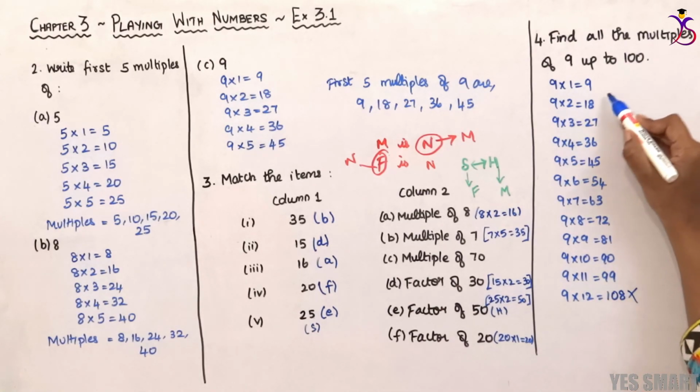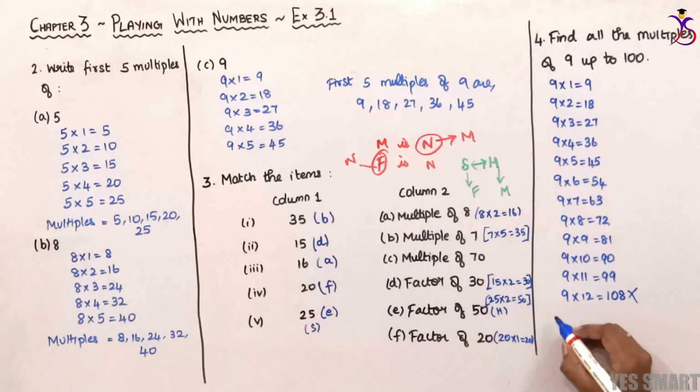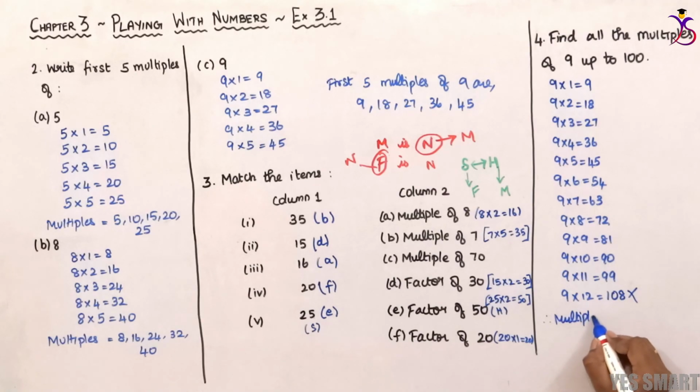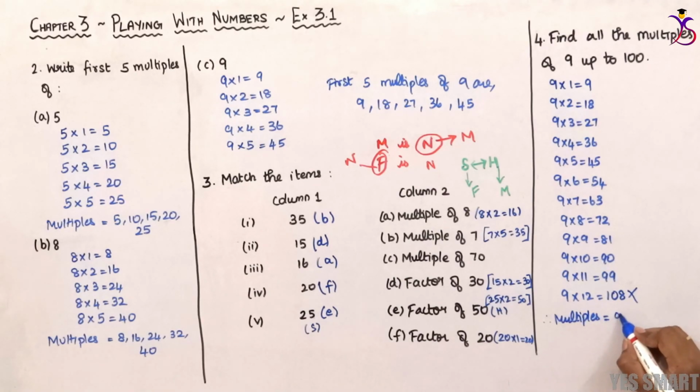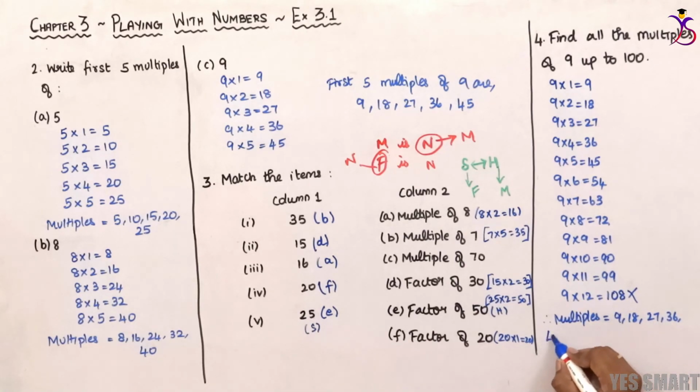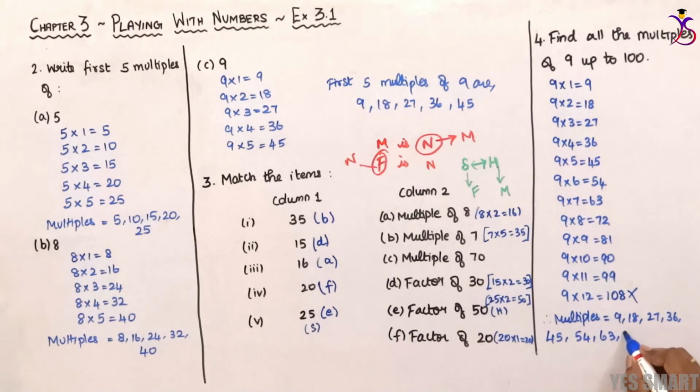Therefore, we ignore this value alone and write the rest. The multiples of 9 up to 100 are 9, 18, 27, 36, 45, 54, 63, 72, 81, 90 and 99.